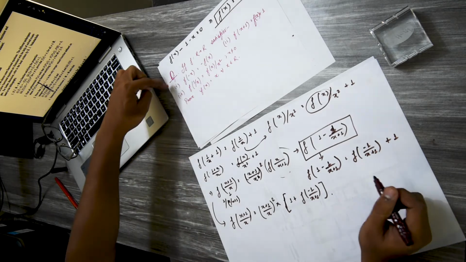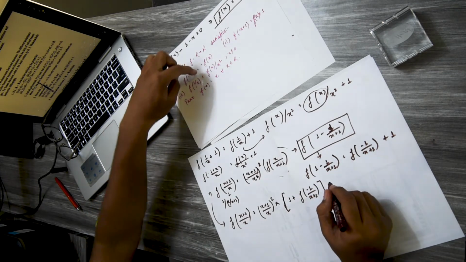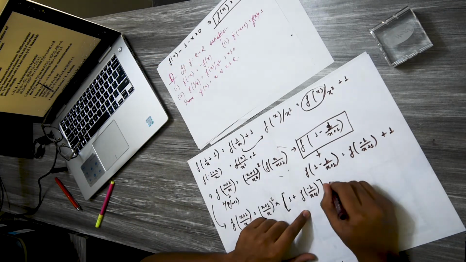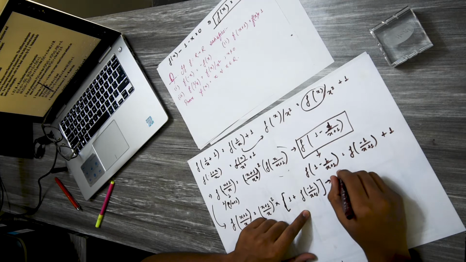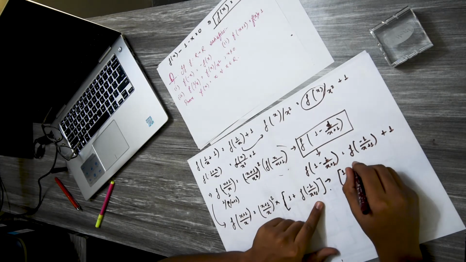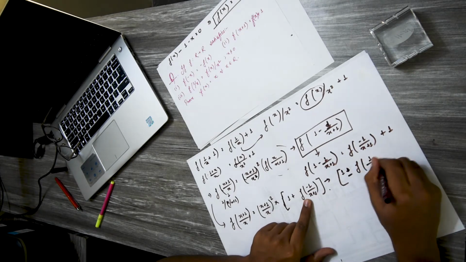Now we can use the first identity here to transform this into f of 1 by x plus 1. So when we do that, we'll get 1 plus, in the square brackets, f of this would be replaced by a minus sign here, and 1 by x plus 1.